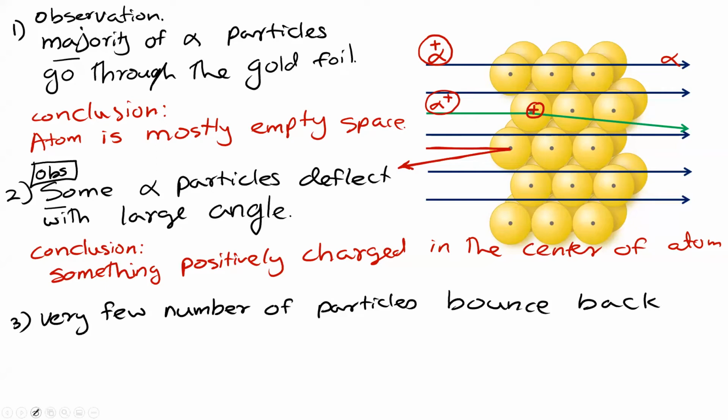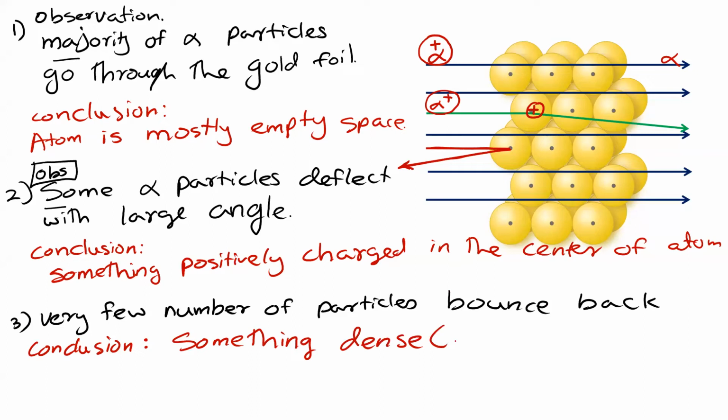So with that observation, he concluded that there is something dense, meaning something with a mass, in the center of the atom.